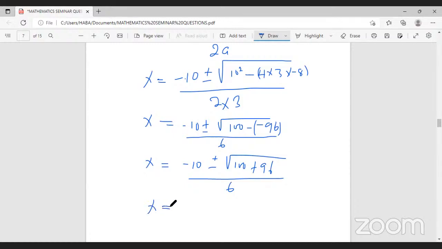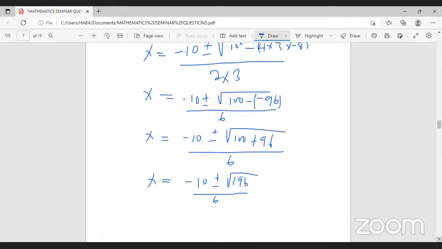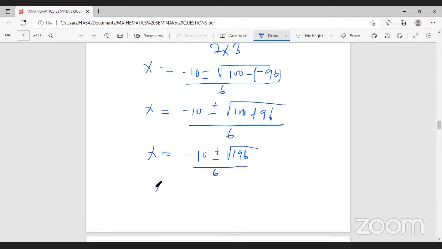My x will be equal to negative 10 positive or negative square root 196 divide by 6. My x will be equal to negative 10 positive or negative 14 divided by 6.